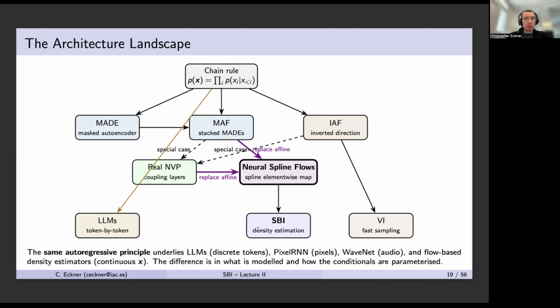But at least for common applications in simulation-based inference, rather stick to the gold standard, those neural spline flows, or in special cases, masked autoregressive flows also work and can be useful. Just to say it again, this chain rule on the autoregressive nature is also present in large language models and variational inference. So it is a topic that is also interesting apart from simulation-based inference.